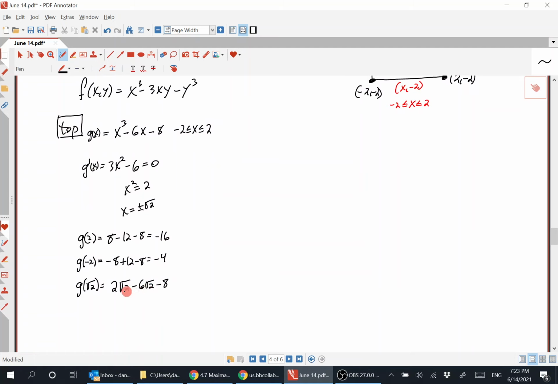So minus 4 root 2 minus 8. So we need to know approximately what that is. And, well, I don't think it's going to beat out the minus 12. So it's negative, well, 1.41 times 4 plus 8. So 13.64.